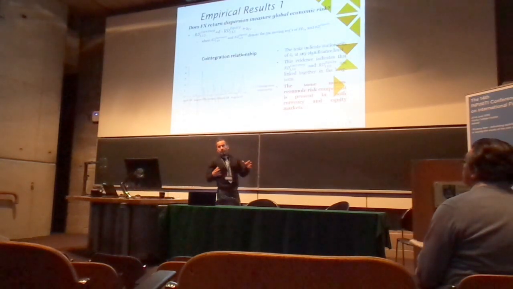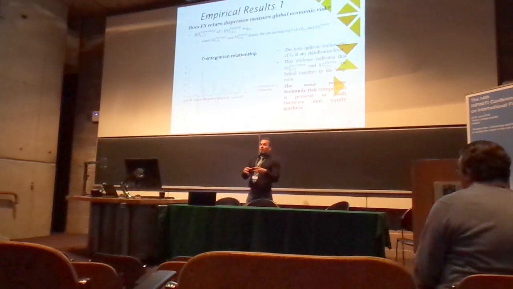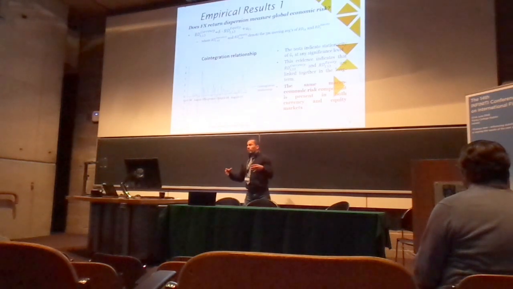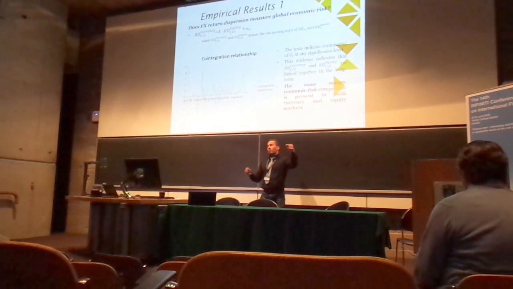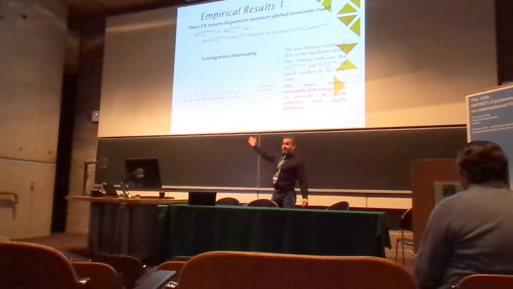So what comes out then? The next step was that we regress the cross-sectional return dispersion of the currency market on the cross-sectional return dispersion of the equity market, and then we use the residuals of this equation and test them for stationarity.